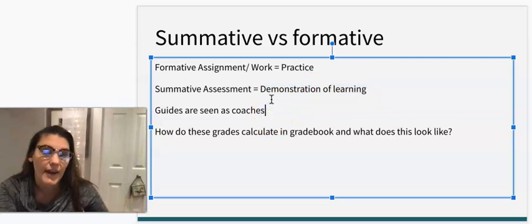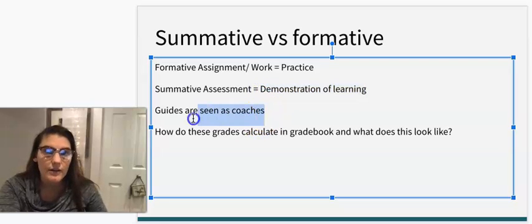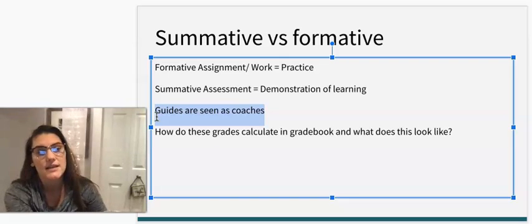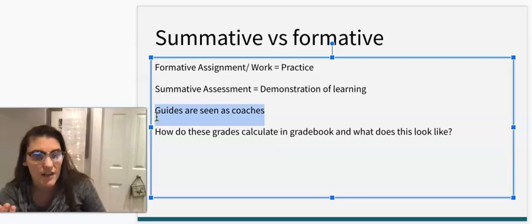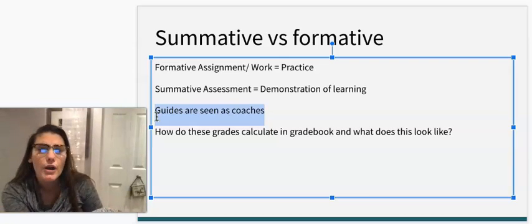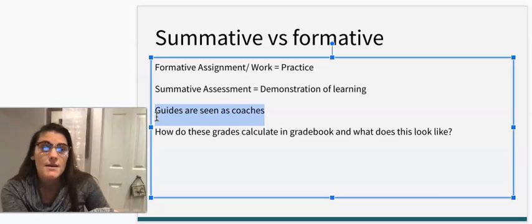That's like the soccer game or the ballet recital. Similarly, guides in standards-based grading are seen as coaches or facilitators. We're giving feedback, helping students understand the skills, and making sure that they're progressing.